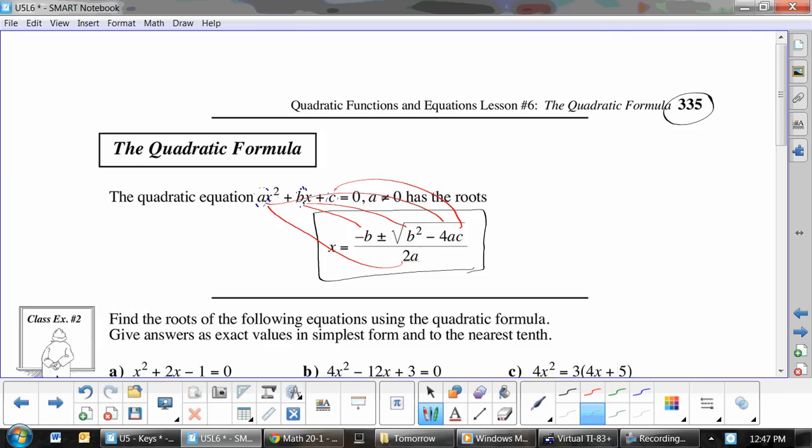The reason we wait until the very end to teach it to you is because, for one, all this tells you is your x-intercepts, whereas using it other ways, you can find out things like stretches and reflections and a lot more information. This will only tell you your x-intercepts. Also, factoring and completing the square involves a lot of thinking, right?